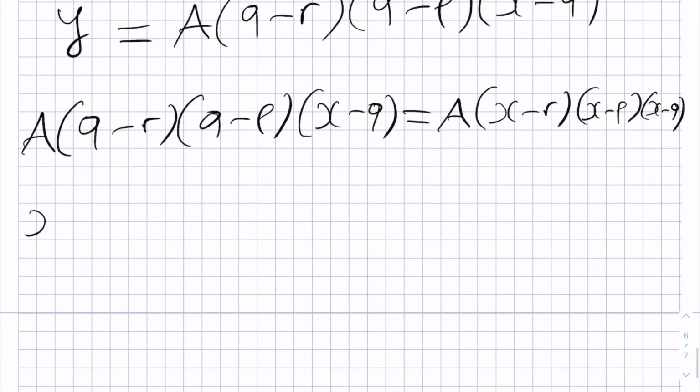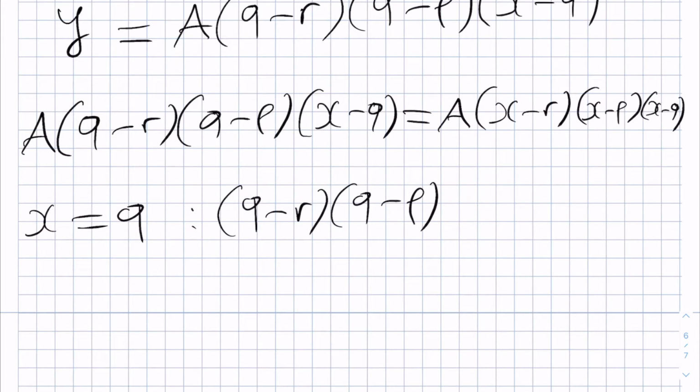So x equals q is fine, and then we can discard that solution from both sides. And we can also discard the non-zero constant a, and so the other solutions to this equation must solve (q − r)(q − p) equals (x − r)(x − p).